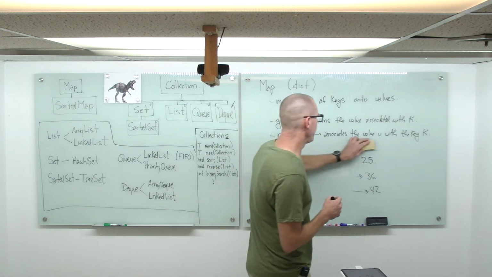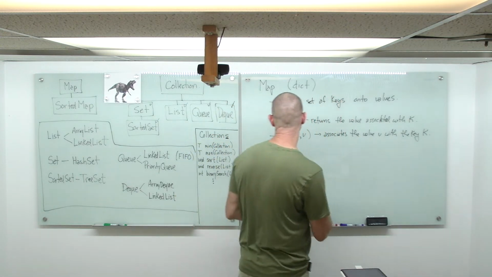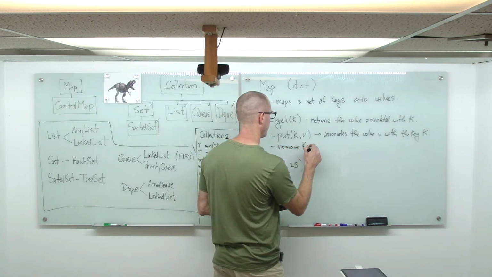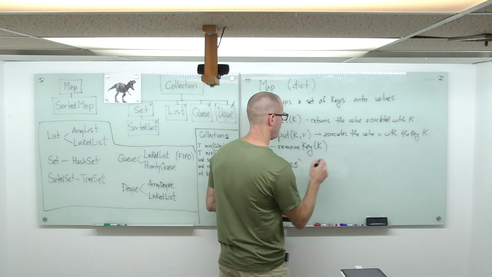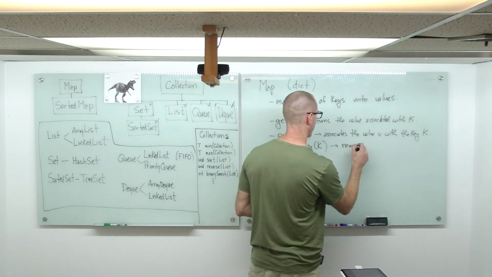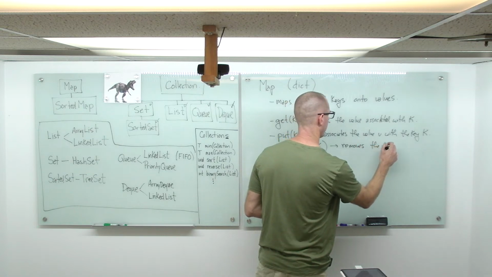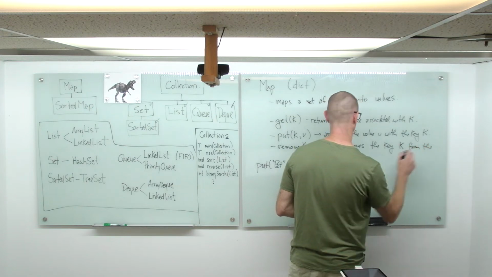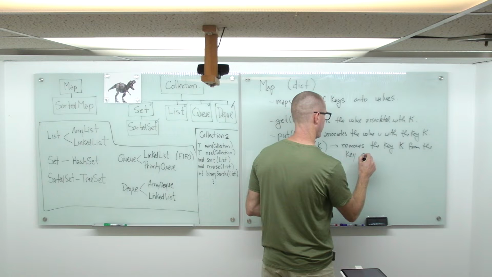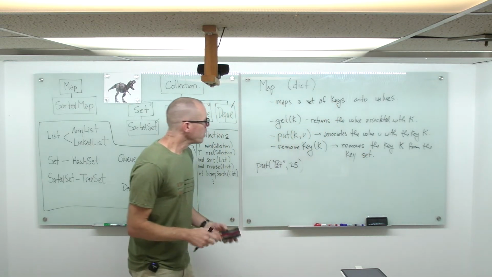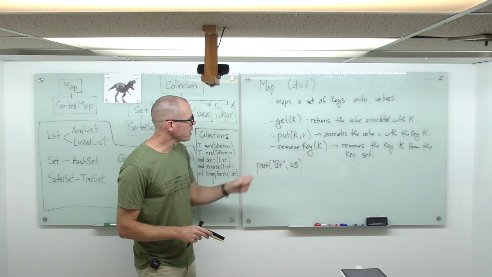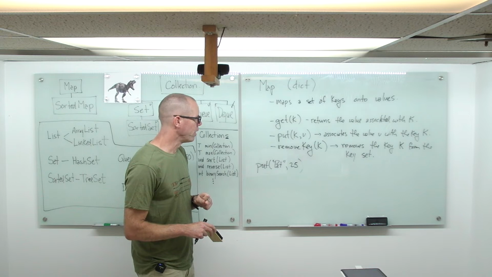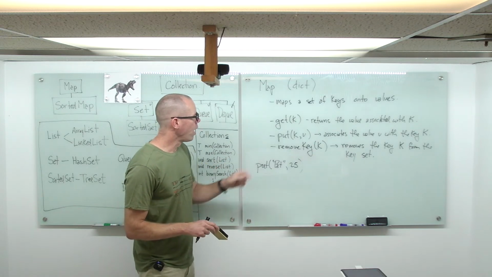Maybe the one that really shows that these things are like sets is the remove key function. So put is like the add function for sets, and remove key is like the remove function in sets. The only difference is that there's this extra stuff floating around.